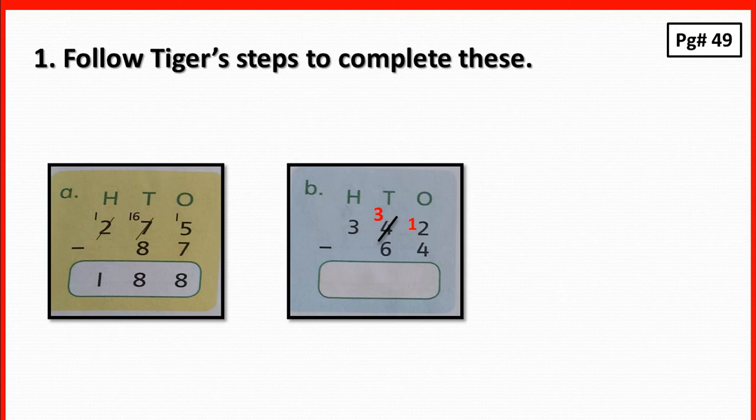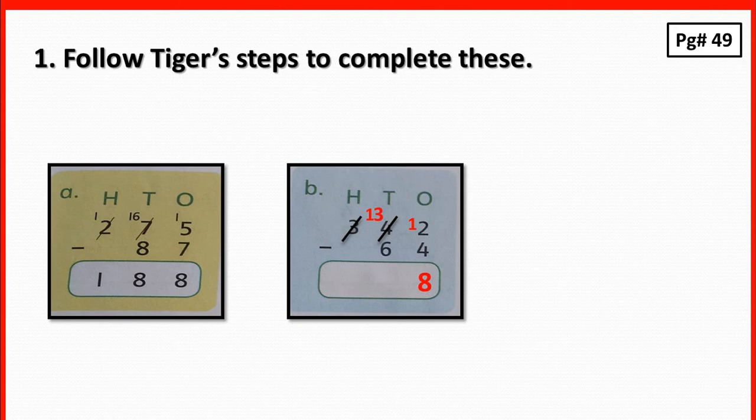Now come to tens. Here we need more tens to subtract 6 from 3. So here we have to take 100 from hundreds column and change it into 10 tens.